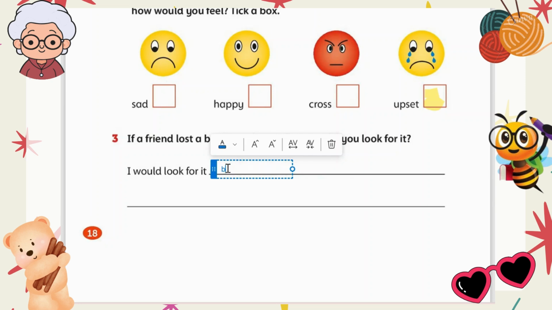I will look for it inside the bag, on the table, in the drawers, like the teacher's drawers, and then inside the bag, in the drawers, under the chair, under the table.